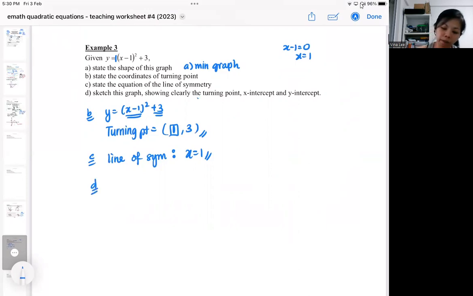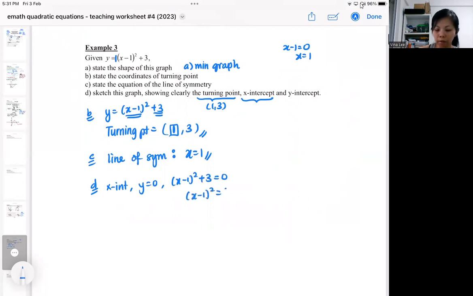With the turning point, I can continue with the sketch. Again, I need 3 items. I already have the turning point. Right now, I'm going to check for my x-intercept. As you try to get the x-intercept, if this is what you've gotten, then there will be no solution. No solution, because if you try to take the square root of -3, your calculator gives a math error.